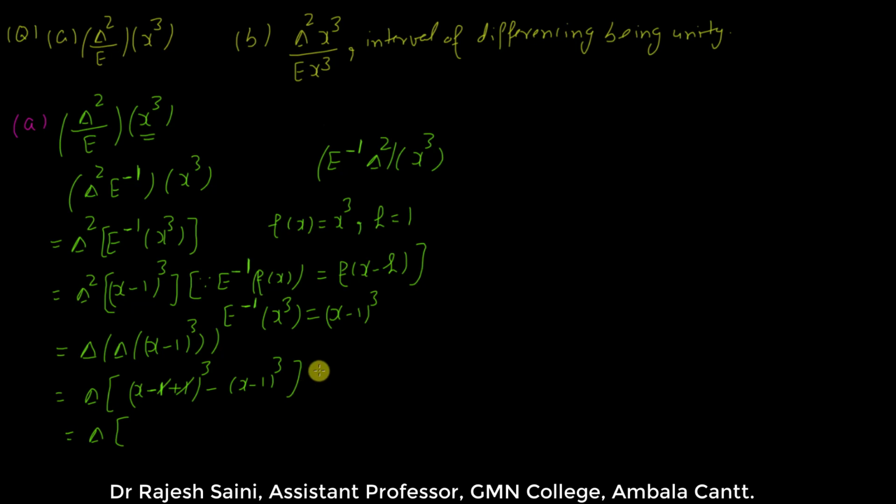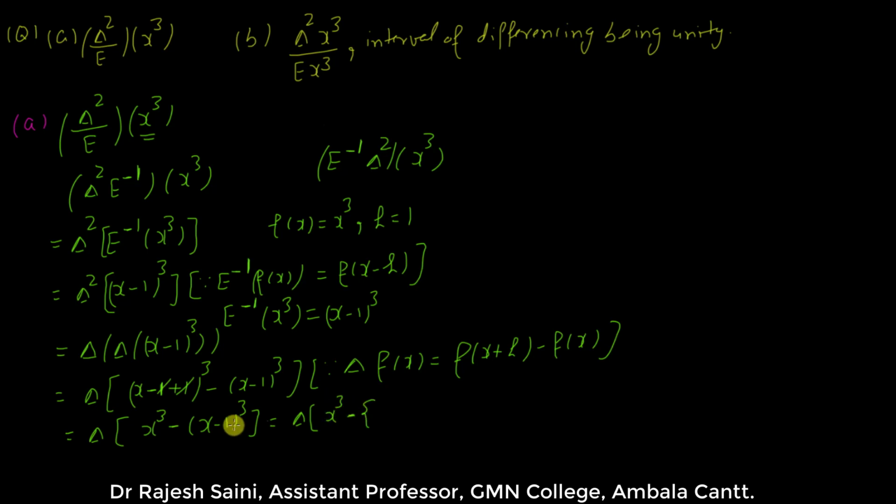This is delta, because you will also mention that delta f of x is equal to f of x plus h minus f of x. Fine. So you will also mention this over here. This will be x cube minus x minus 1 cube. So open the cube now: x cube minus, open this one, x cube minus 1 minus 3x times x minus 1.